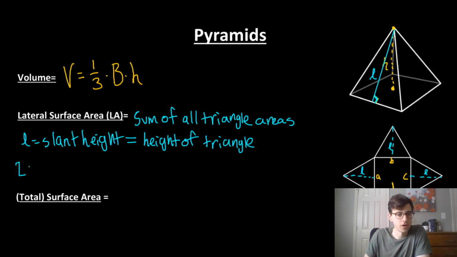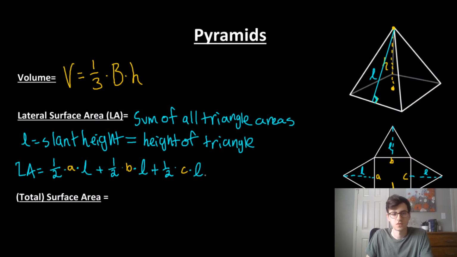So the lateral area is equal to the sum of all those triangle areas, which is 1/2 times the base times the height, which is L. So here, this triangle is 1/2 times A times L, plus 1/2 times B times L, plus 1/2 times C times L, plus, let's stay consistent, 1/2 times D times L.